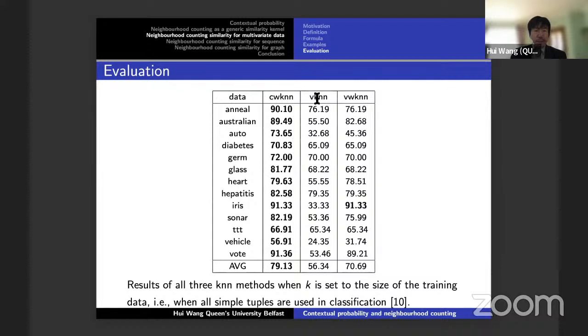And this is simply the k nearest neighbor with the distance metric provided by the Euclidean distance. Okay, so this is the Euclidean distance weighted k nearest neighbor. And clearly you can see that the CW k nearest neighbor gives us consistently better results than the Euclidean distance based k nearest neighbor.